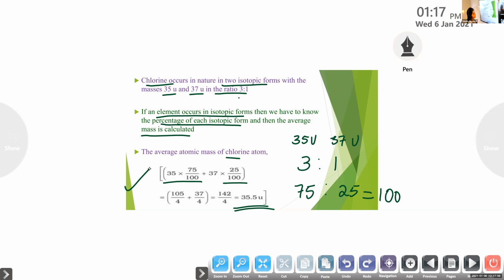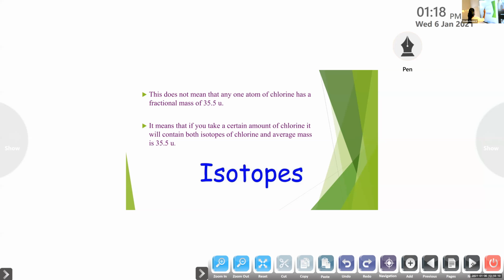Clear? Any doubt? Anybody? Okay. So, we will obtain this value 35.5U as average atomic mass.